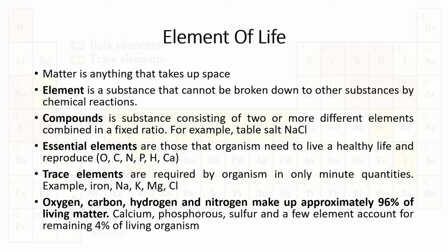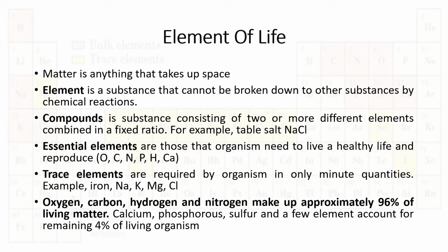Of the 92 natural elements, about 20 to 25% are essential elements that an organism needs to live a healthy life and reproduce. Essential elements are similar among organisms, but there is some variation. For example, humans need 25 elements, but plants only need 17. Just four elements, oxygen, carbon, hydrogen, and nitrogen, make up approximately 96% of living matter.